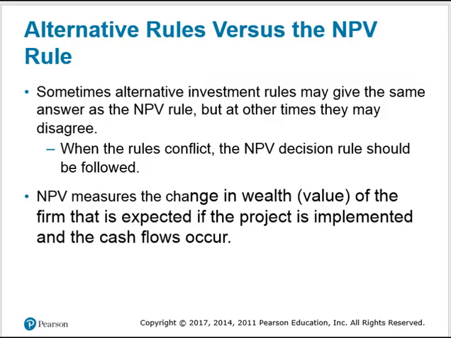So let's think about some other alternatives besides net present value, right? Sometimes they'll give us the same answer, but sometimes there will be conflicts, right? So when the rules conflict with each other, net present value should always be followed.